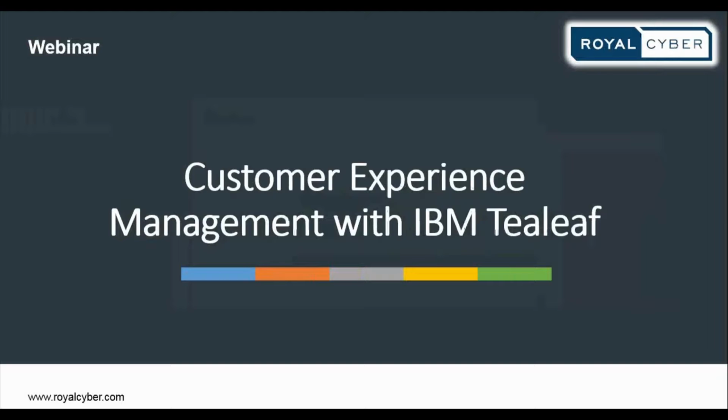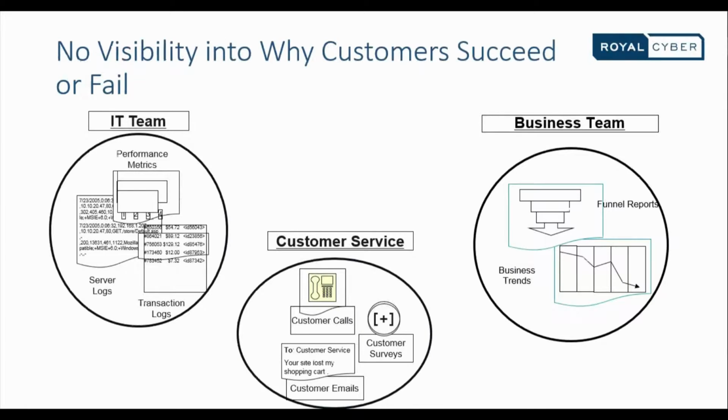So let's start with the presentation. Most e-commerce businesses nowadays have three major segments, namely IT team, customer service, and business team. Each of these segments has its own way to track information regarding a customer's behavior or interaction with a business.